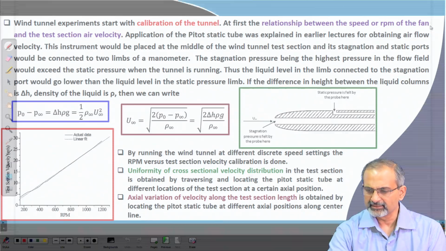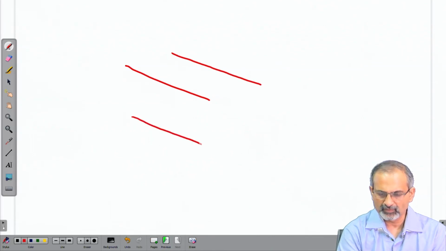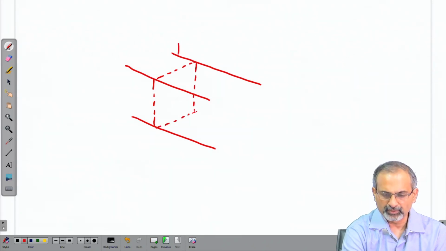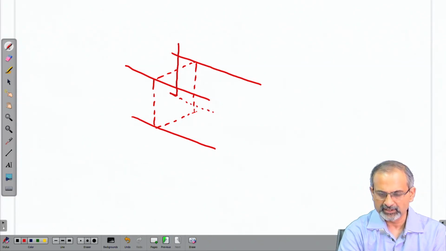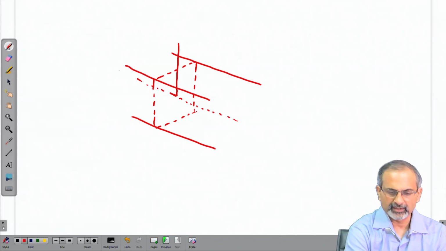This basically means that if this is your wind tunnel and this is one cross sectional plane in the test section, then the pitot tube is inserted first at a location which is along the center line. So, let us say this is the center line and this is the flow direction.